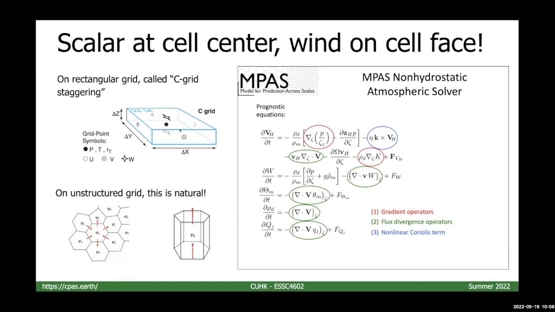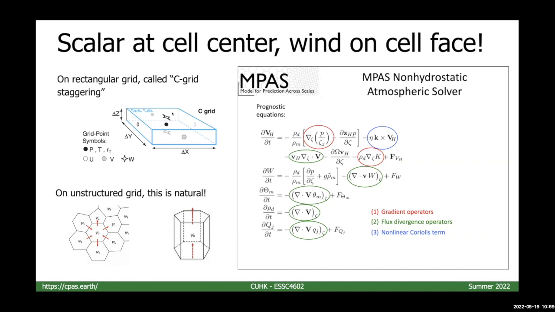So here in this figure, the black dot actually means the center of this three-dimensional cell. Pressure, temperature, and RT, maybe it is the mixing ratio or some variable representing the amount of moisture, are represented at the center of the cell.